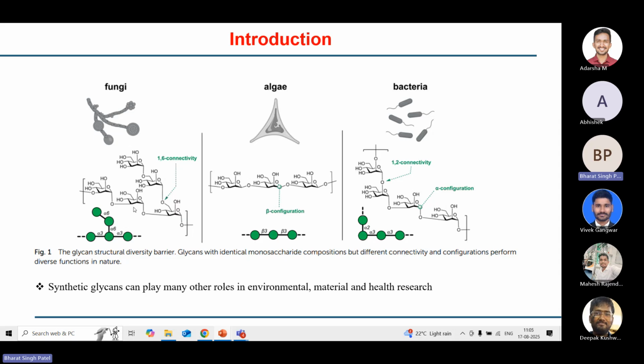So to achieve this stereoselectivity with different positions of the hydroxy group, several modifications are needed starting from the monosaccharide. The development of these glycans has a major role in environmental, material and health research.